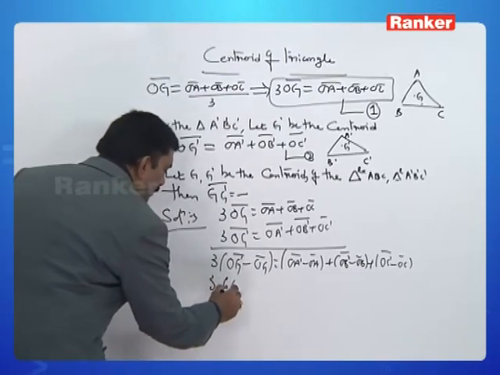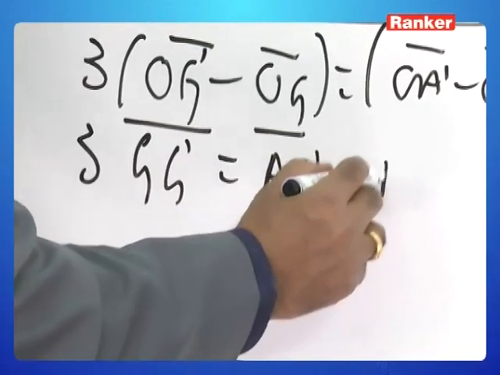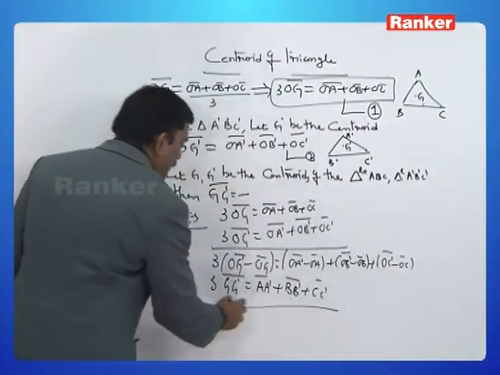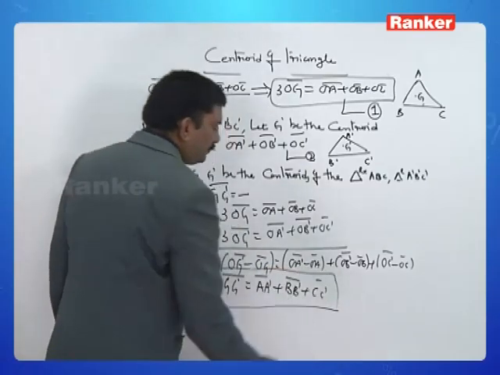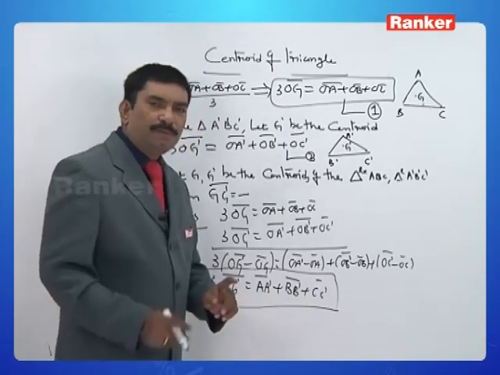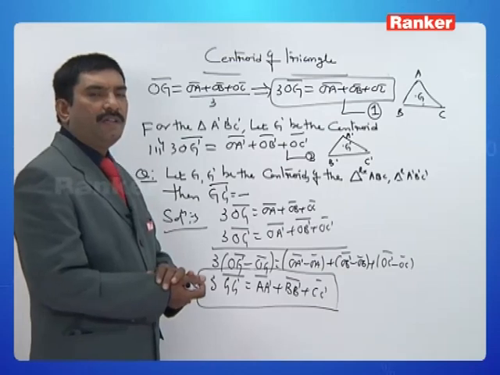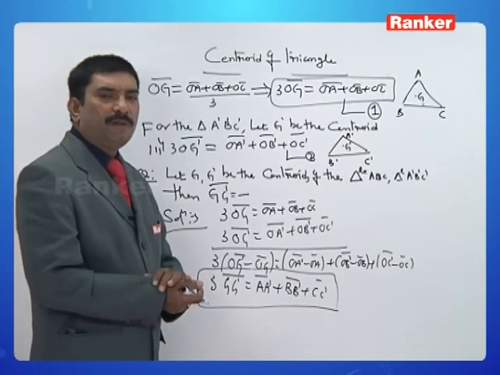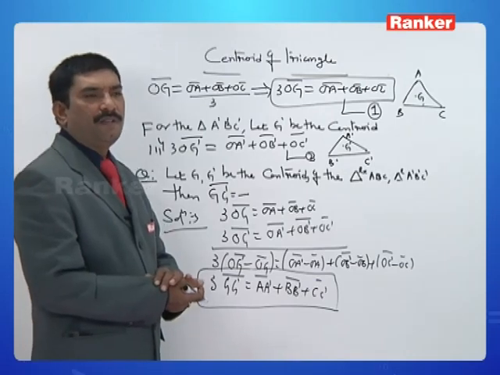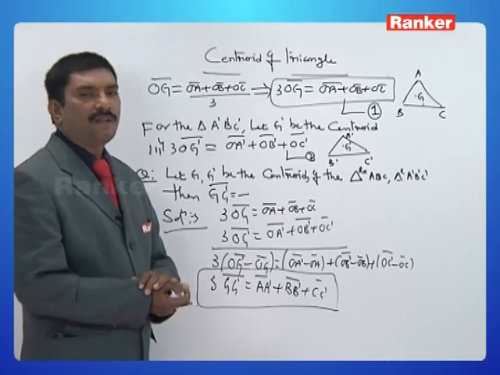Therefore, 3 into GG dash is AA dash, BB dash, CC dash. Right? So we have proved 3 into GG dash is equal to AA dash bar plus BB dash bar plus CC dash bar, when G and G dash are the centroids of the two triangles.